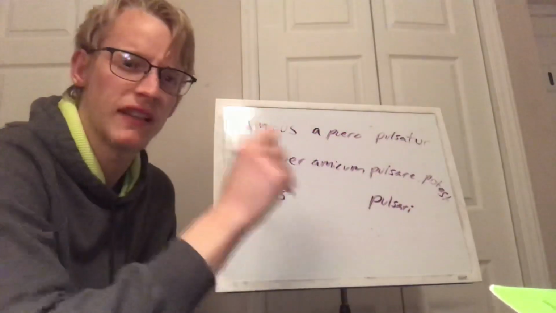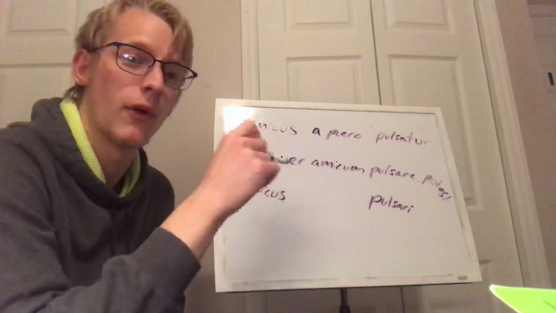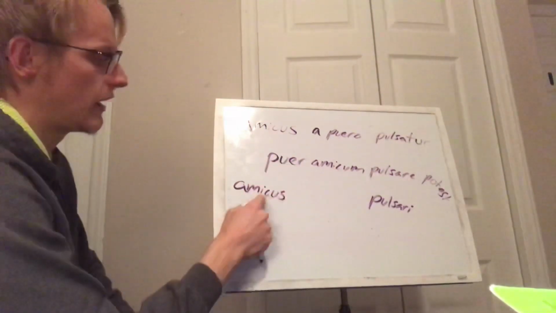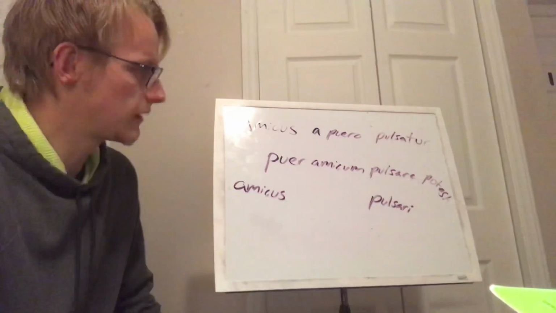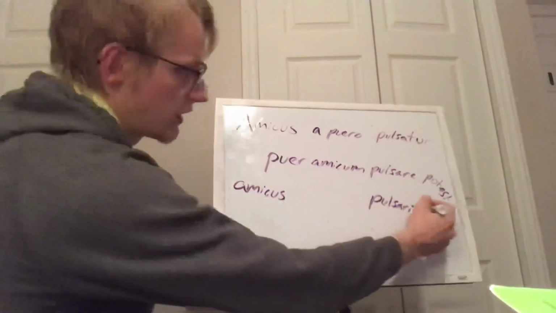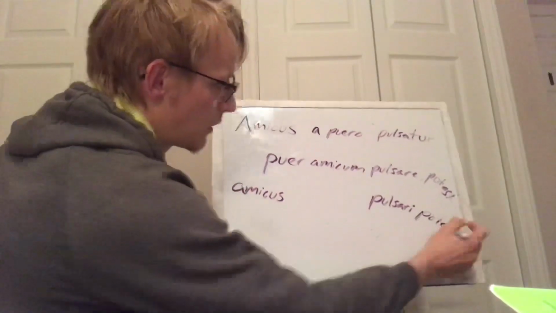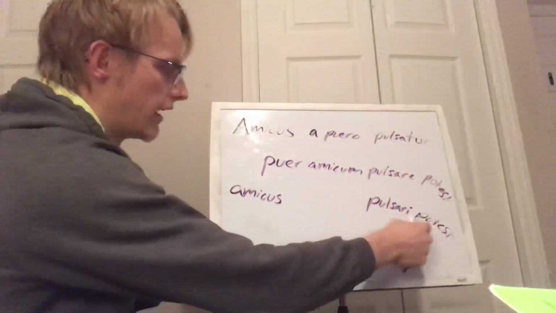See, you have to take the direct object and it becomes the subject now of your passive sentence. So that's why I took amicum. It's now the subject. Amicus, pulsari, but we're missing some stuff. We need potest. That's not going to change. Potest. So what do we have now? Amicus pulsari potest.